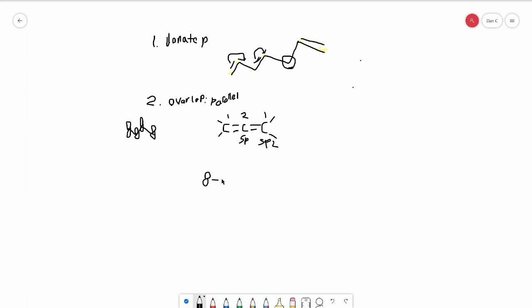So let's say this is the y direction, right? One electron's being shared. So let's say one of the p orbitals is also in that direction, the y direction. Now if we take the last p orbital, this isn't also going to be able to be in the y direction as well.